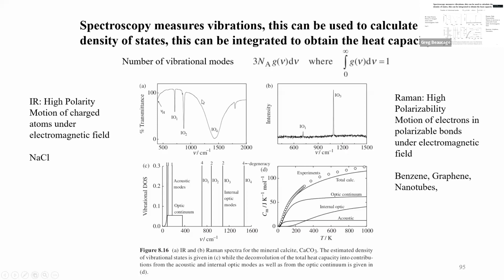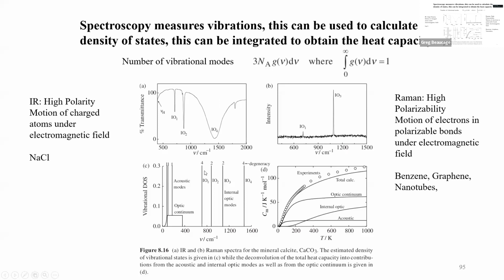So it's quantized, but it has these broad peaks in it. You can see the optical transitions labeled, and some are the same in IR and Raman, like IO1, then IO2 is only in IR, IO4 is only in IR, and IO3 is only in Raman.